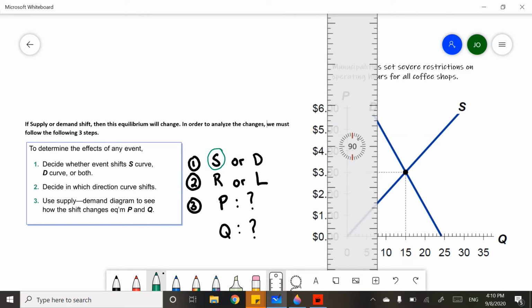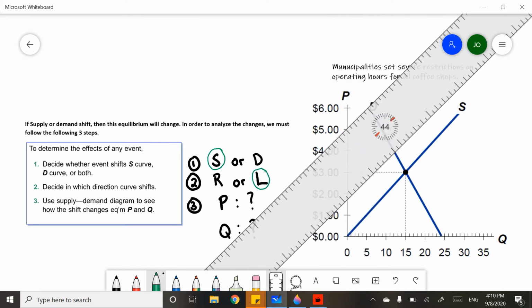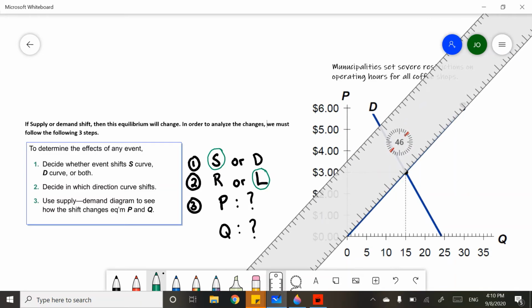So we're going to have a reduction in supply, a decrease in supply. So this will move to the left. So let's go ahead and draw that and see what happens to our equilibrium price and quantity. So we have supply, which is here, and we're going to shift it to the left.